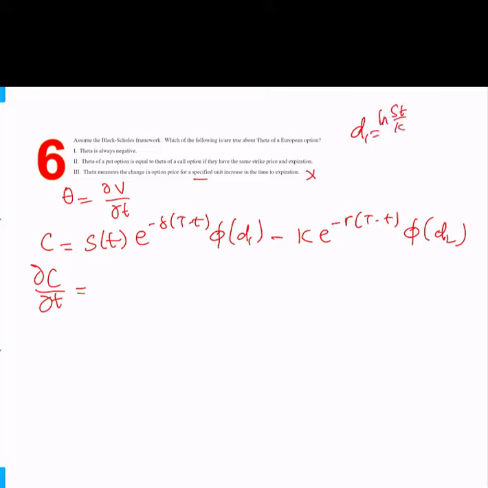D1 is the natural log of F_t over K plus r plus delta minus sigma squared over 2, times (T minus t), over sigma square root of (T minus t).